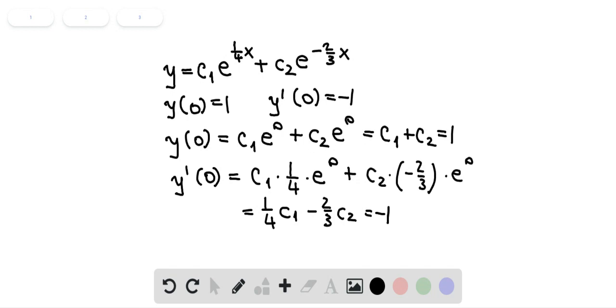So the new equation we have to solve is c1 plus c2 equals 1, and c1 over 4 minus 2 c2 over 3 is negative 1. This is a system of linear equations, and we will solve for c1 and c2.